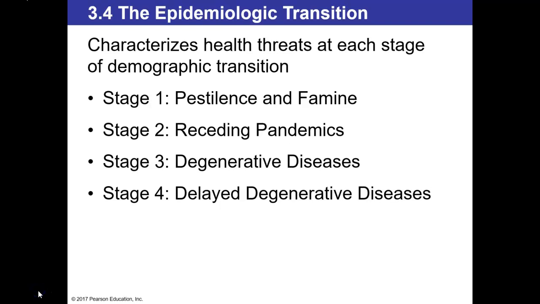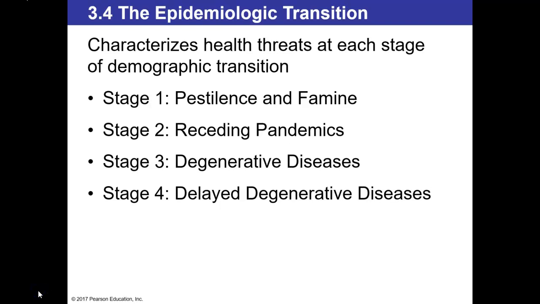Again, because in stage 3, people have longer life expectancies and they are living longer, a lot of the causes for why people pass would be due to things you would see in later age.